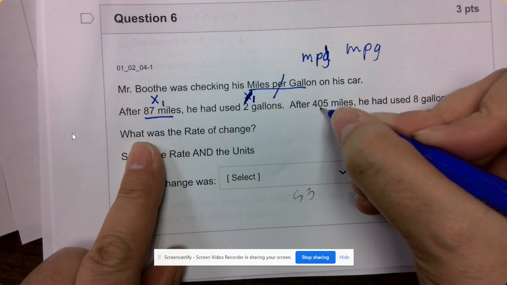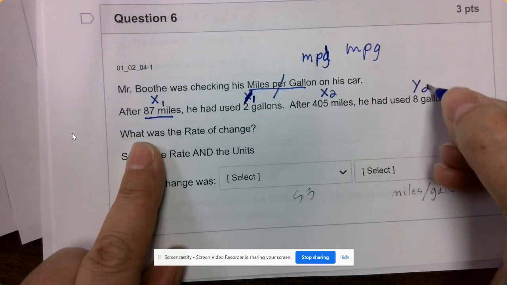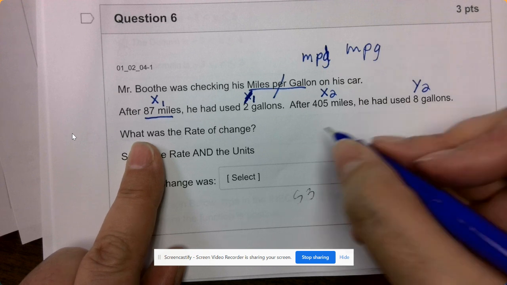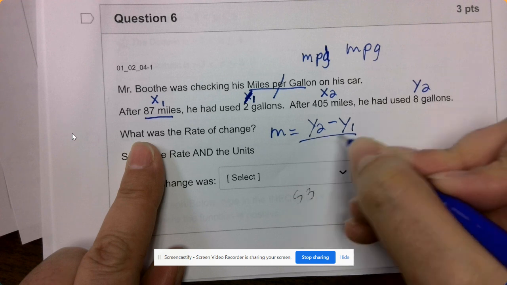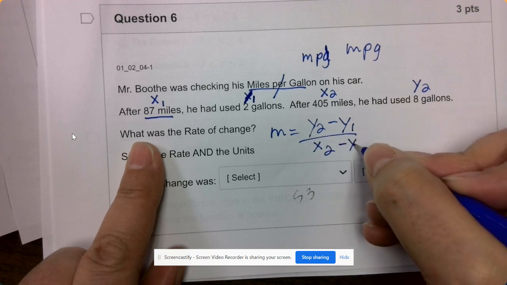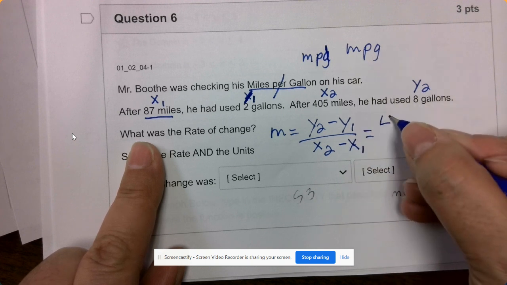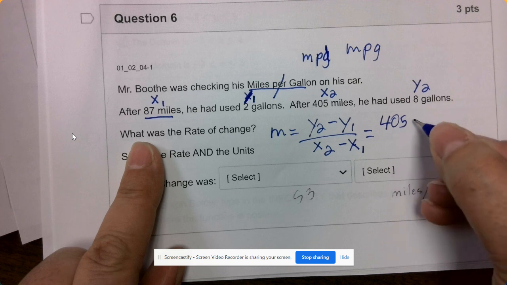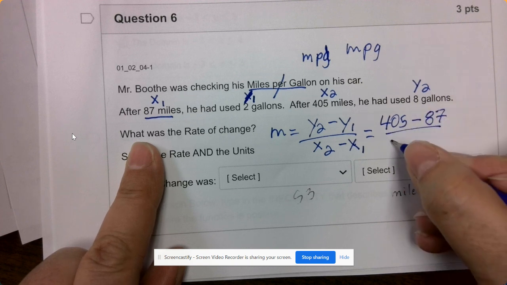After 425 miles, x sub 2, y sub 2. Plug it in the formula, everybody. So we're going to have 405 minus 87 over 8 minus 2.